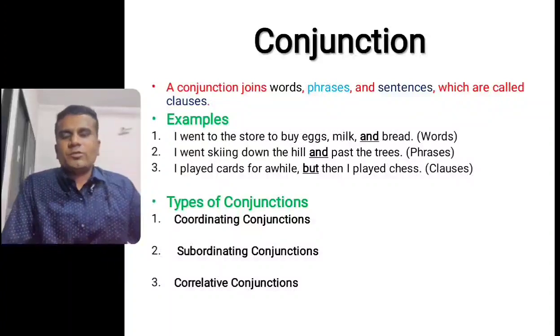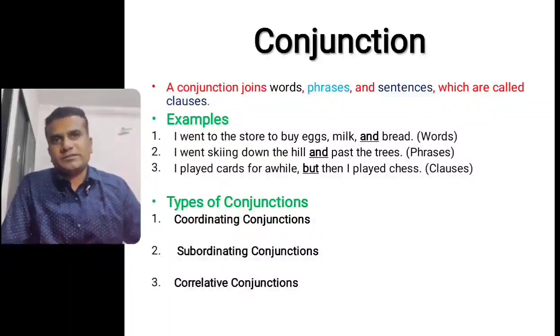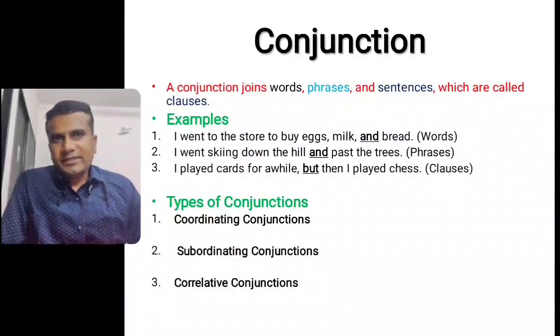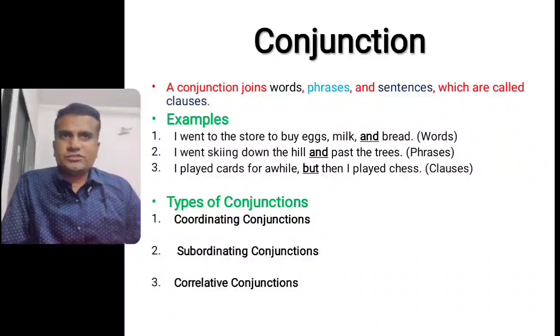Now we will talk about the final part of speech in my presentation, the conjunction. A conjunction joins words, phrases and clauses. Following are some examples which are there on the screen. As I told you, conjunctions join words, phrases and clauses.